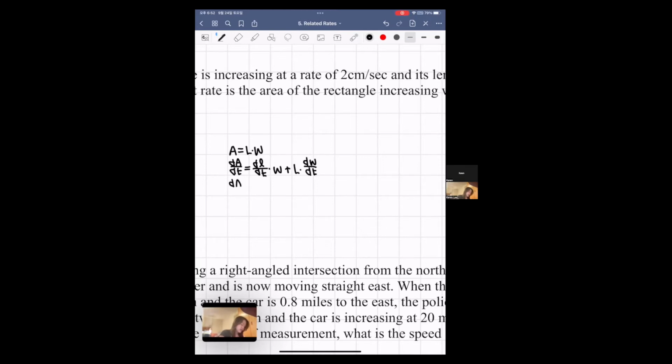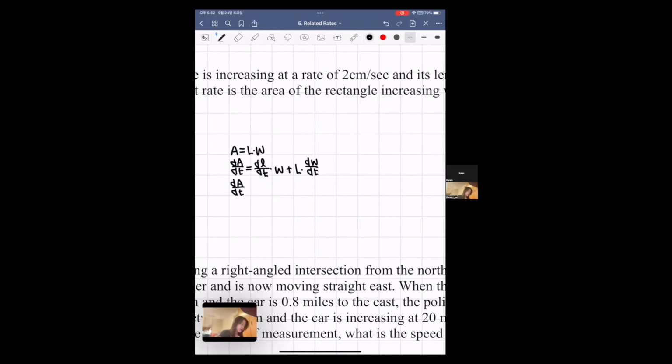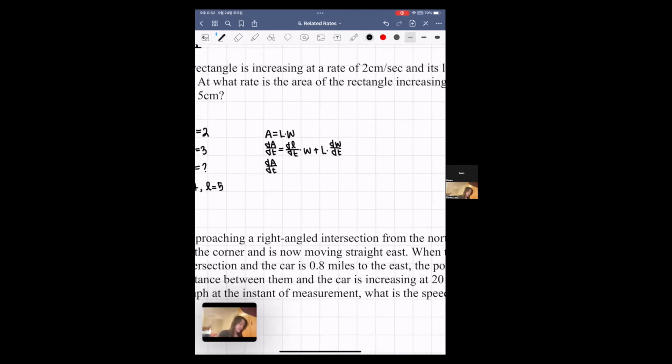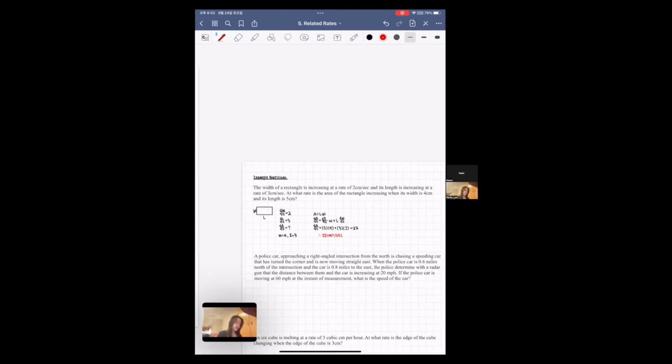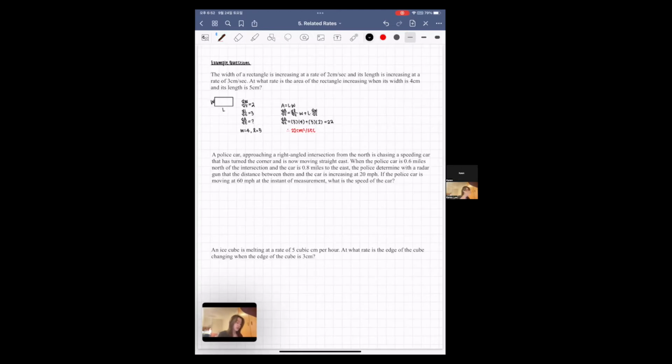And we substitute all of the values, which becomes 3 times 4 plus 5 times 2, which becomes 22. So the answer is that it's increasing at 22 centimeters squared per second. And make sure you get the units right. So that's how you solve related rates.